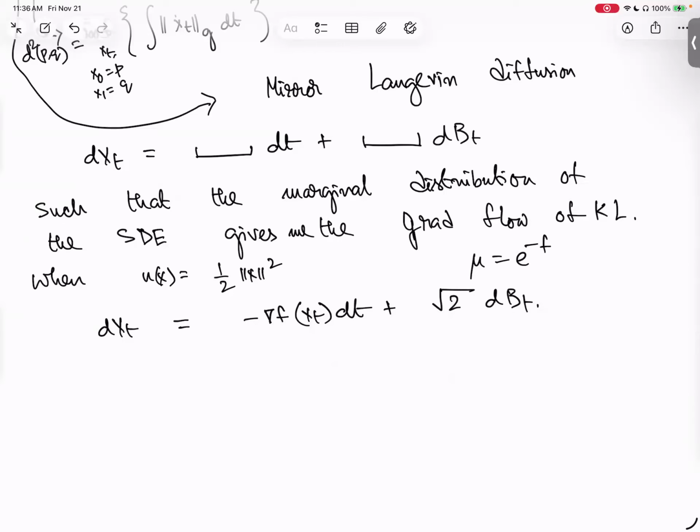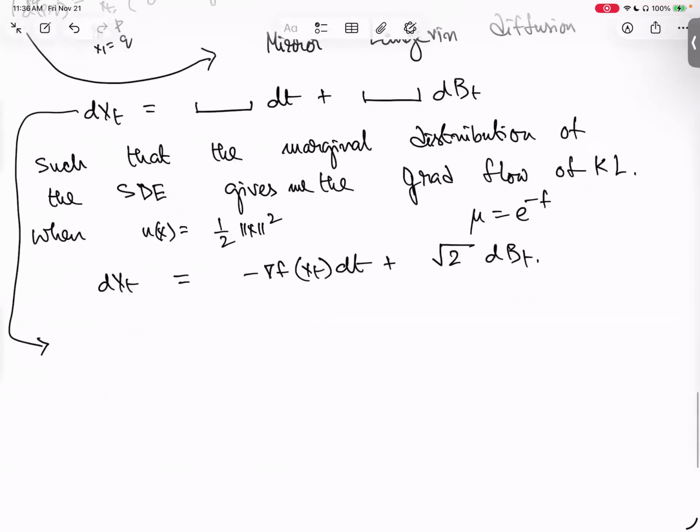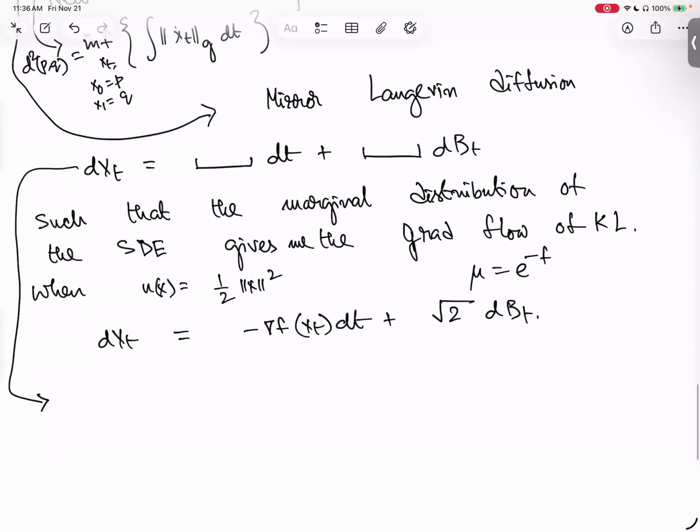Now here, on the other hand, I will get something slightly different. So I want to reach e to the power minus f.